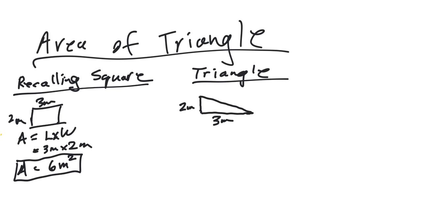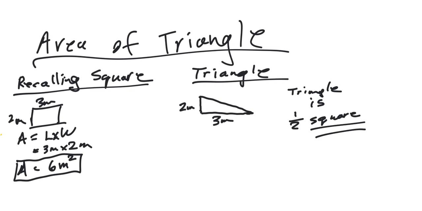Now, I'm going to tell you that a triangle is literally half a square that would have occupied the same space.